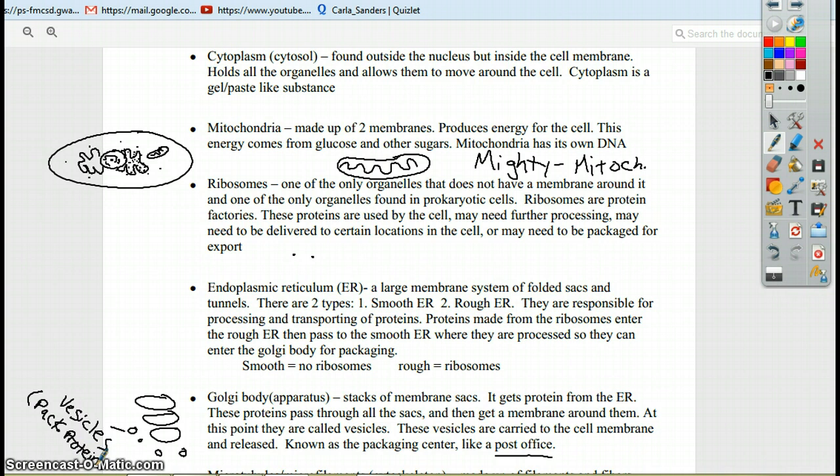So there's the blobs of syrup coming off our pancakes. So Golgi is the packaging center. You may think of it like a UPS center. It's packaging up the proteins and sending them then where they need to go.